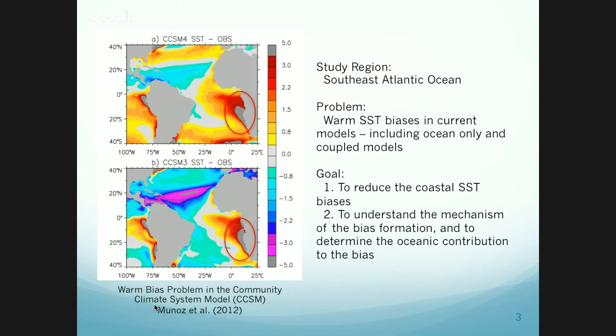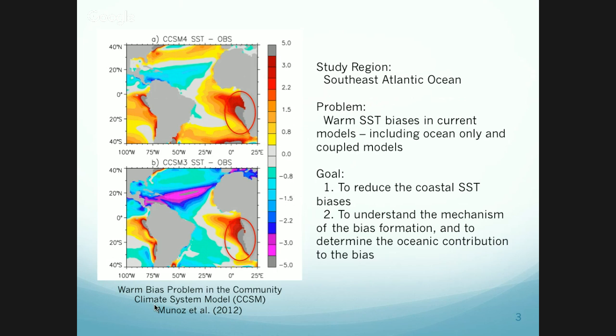This figure is just an example of how the bias looks. Our goal, first, is to reduce this warm bias in the model. And second, which I think is even more important, is to understand the mechanism of the bias formation and the oceanic contribution to the bias.